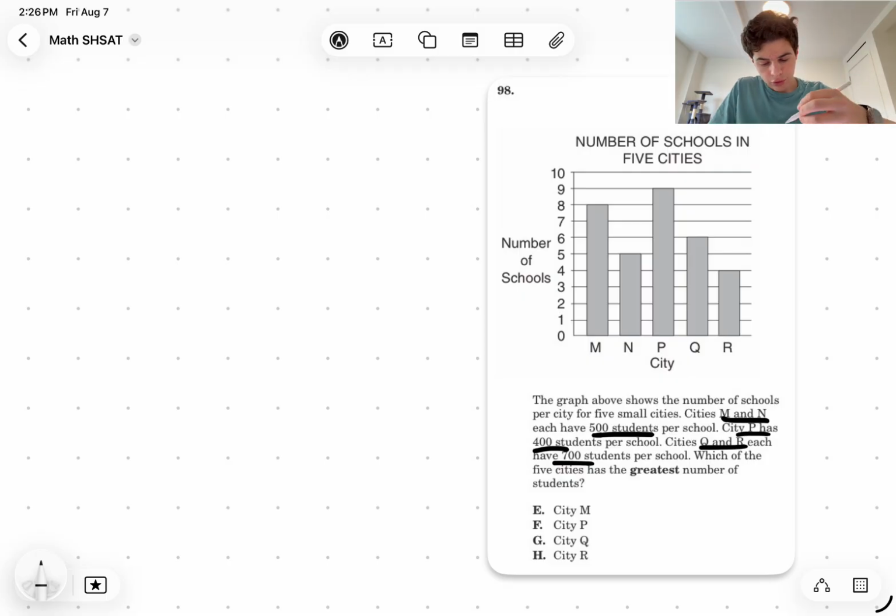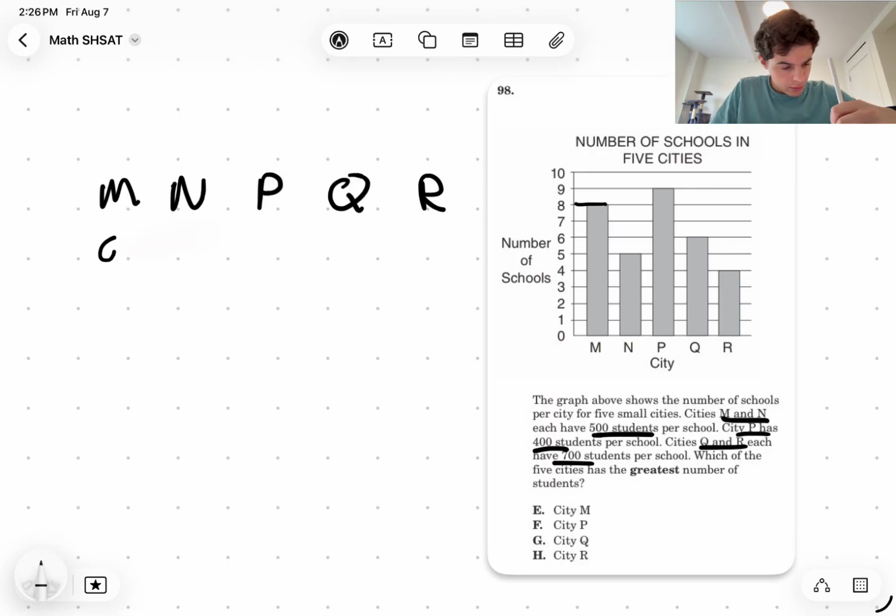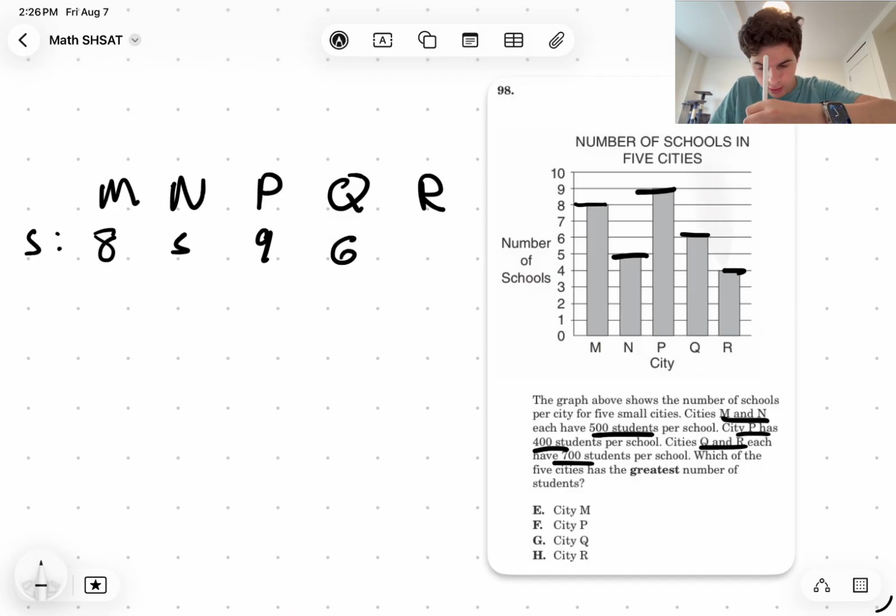So first, let's go one by one, and let's be ordered with this. Let's do M, N, P, Q, and R. M has 8 schools, N has 5, P has 9, Q has 6, and R has 4.